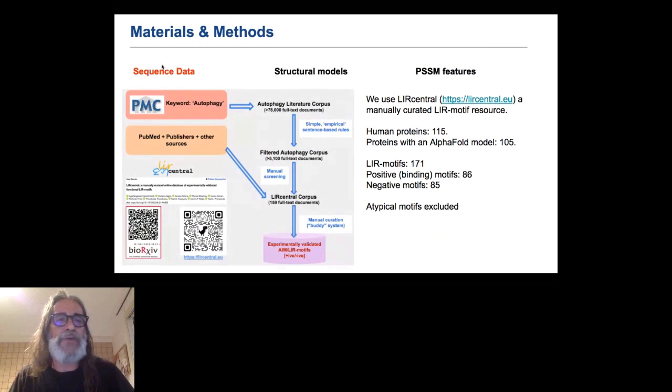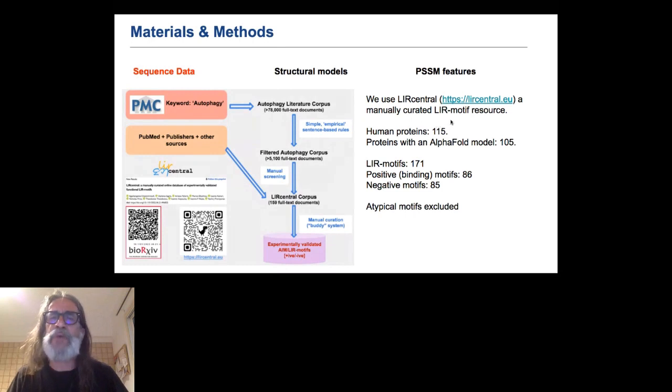To address this issue, we had to have a very well-compiled, high-quality dataset, and luckily, we have been working on this for the last few years, compiling a resource that has recently become available called LIR Central, a database of manually curated LIR motifs, curated from about 160 papers from the literature.